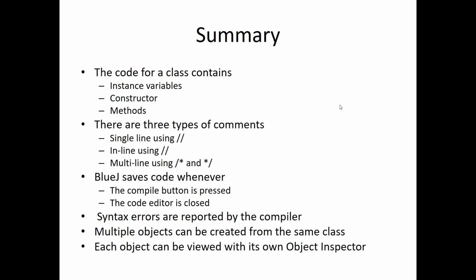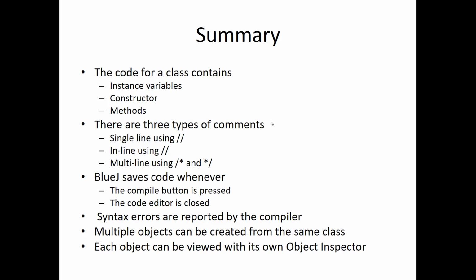So just to finish off, if we have a look at what we've looked at today, we've had a review of the content of a class, and in the order that it should be written in the class. We've looked at our instance variables, we've done a review of a constructor, and we've done a review of the methods.